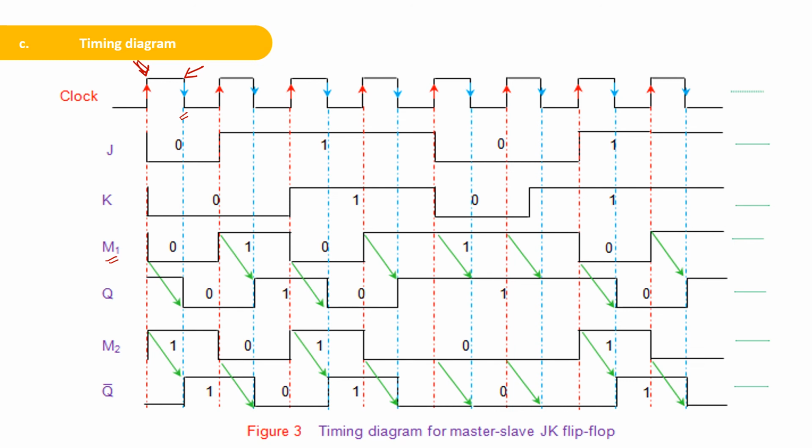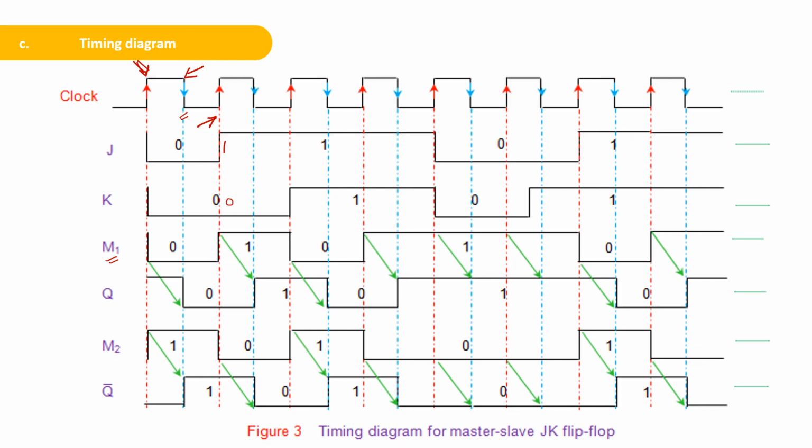So here you can see that we can take this instance. When the positive edge is coming here, you can see that J is equal to 1 and K is equal to 0. When 1 0 occurs, your master will set.